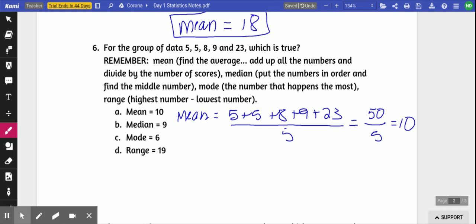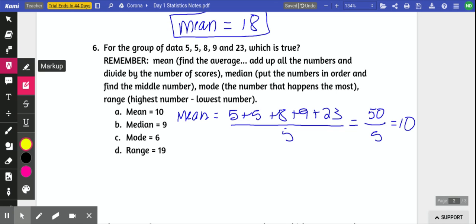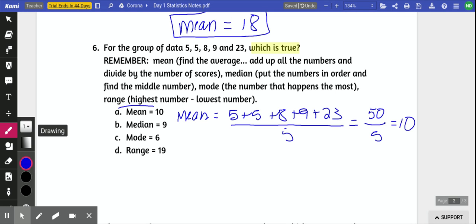Now my choice A says my mean is equal to 10, and the question is asking me to determine which of those statements is true. Well, I know A is going to be true, so I can circle that right off the bat. We'll try the rest of them just as a way to review, but we should be done there.